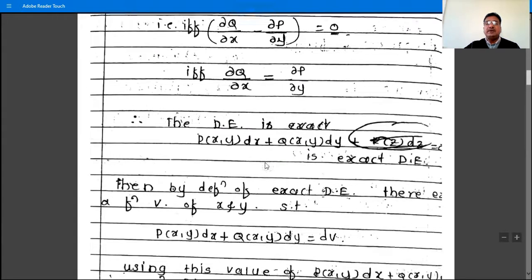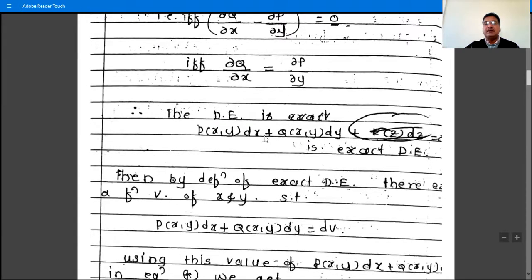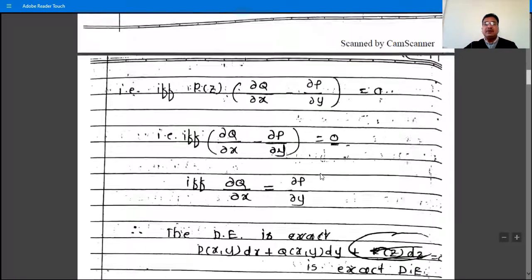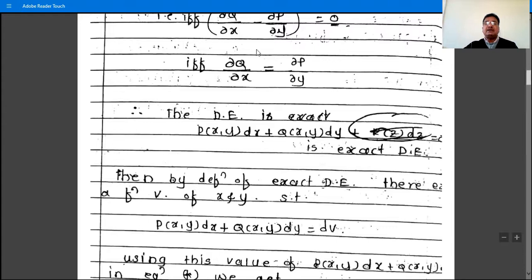And therefore the differential equation pxy dx plus qxy dy is equal to 0 is an exact differential equation, because this is the condition of exactness.